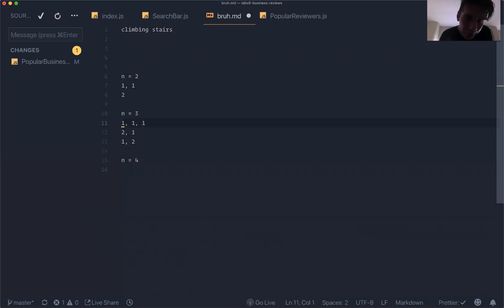So for three steps, we would say 1, 1, 1 plus 1, 2, 1 plus 1, 1, 2, 1. That is plus 1. And then for two steps to four steps, we would say 1, 1, 2, 2, 2. So herein are all the variations for four steps.